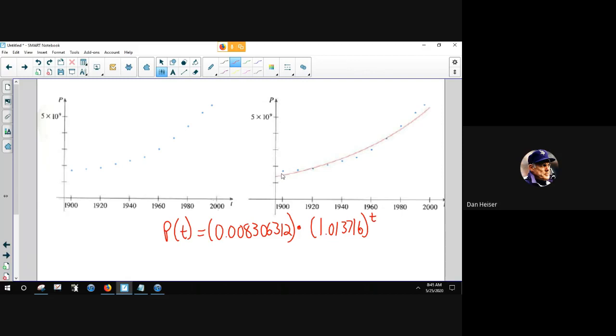No, it doesn't go through that point, that point. In fact, it doesn't go through any of the points, pretty close to that point, but it does not pass through any of them. Is it a good approximation? Yes, it is. Exact? No. But that's what you get with real world data often.